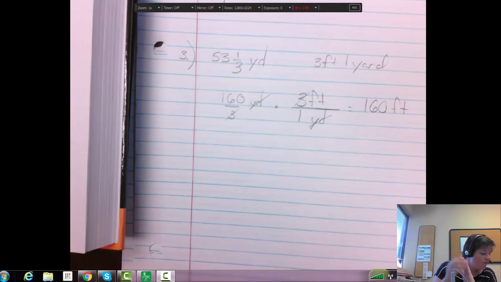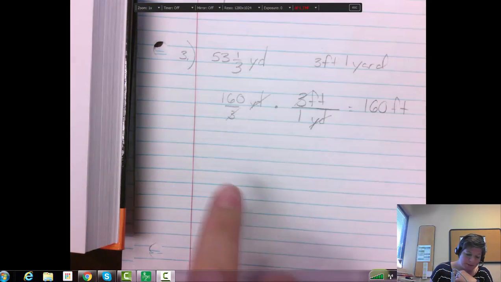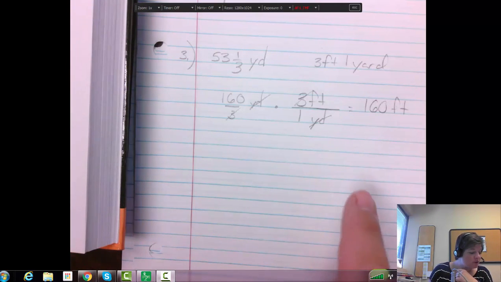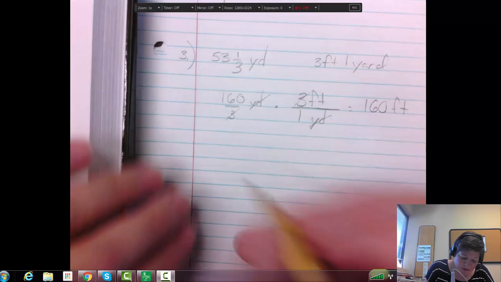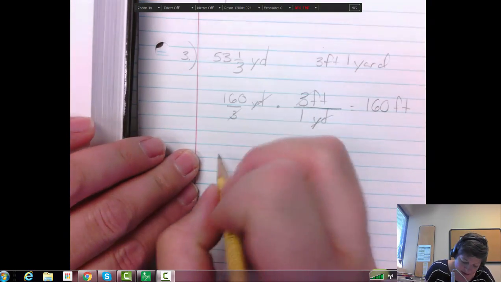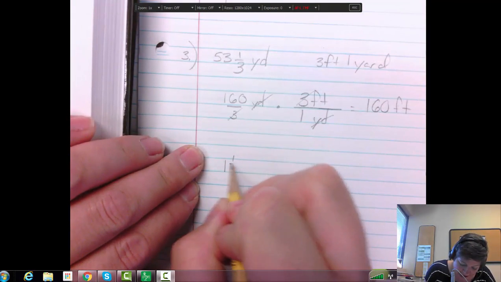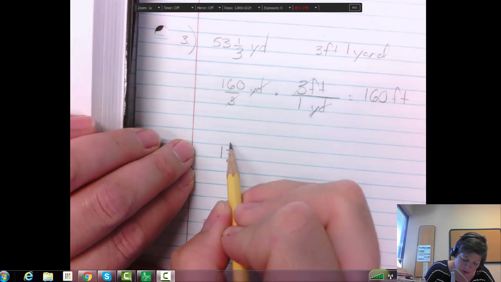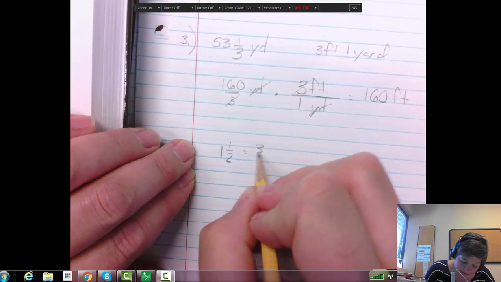It says, find the ratio of the width of the actual field to the width of the poster. So which one do I want to divide by? I want to divide by the poster because it was second, and the poster was the 1 1/2. Let's convert that to an improper fraction. 1 times 2 is 2. 2 plus 1 is 3/2.